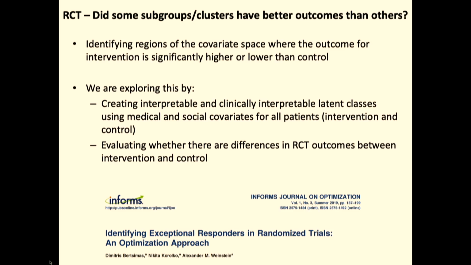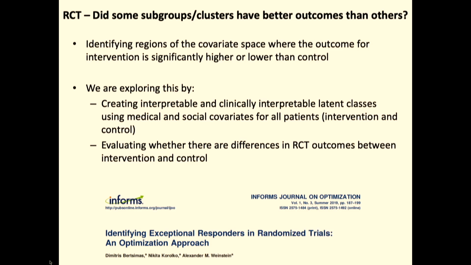In the OR/MS literature, Bertsimas et al. published something called Identifying Exceptional Responders in Randomized Trials. It uses a mixed integer programming approach to search the covariate space for regions with enough patients in them in both intervention and control. So you have the whole covariate space, and you're going to slice it into, let's say, boxes.